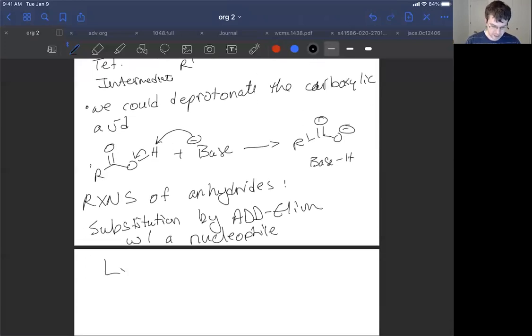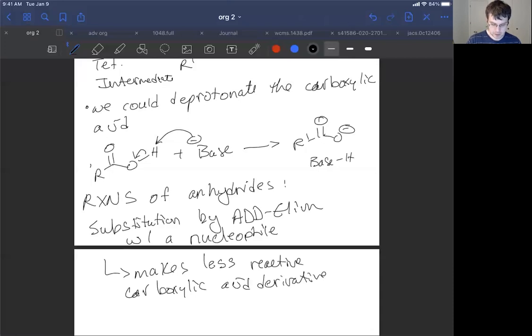So we're going to make actually less reactive carboxylic acid derivatives. So it's addition, elimination, and we have some nucleophile adding.